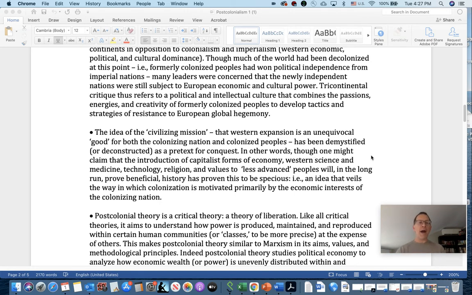In other words, one might claim that the introduction of capitalist forms of economy, Western science and medicine, technology, religion, and values to so-called less advanced peoples will, in the long run, prove beneficial. History has proven this idea to be specious at best, really. That is, an idea that veils or obscures the ways in which colonization is motivated primarily by the economic interests of the colonizing nation. Okay?